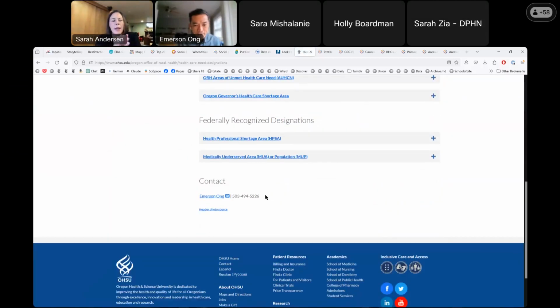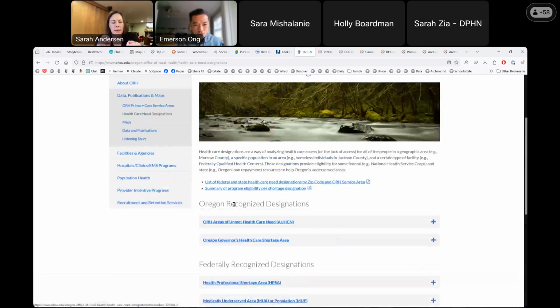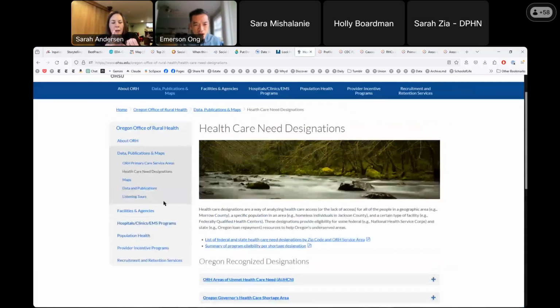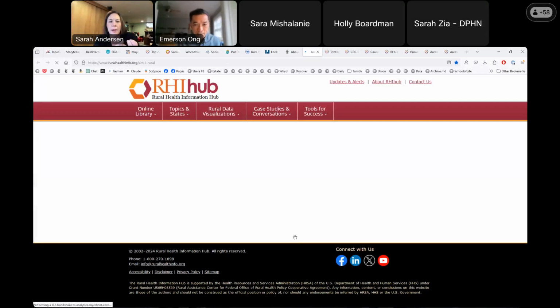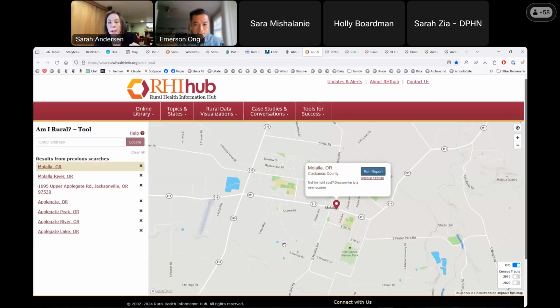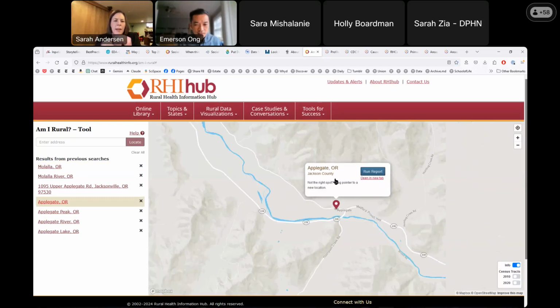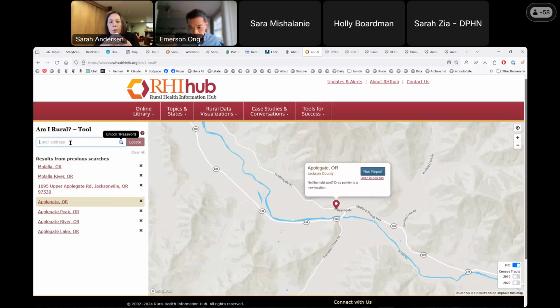For example, whether the area is eligible for FORP grants, which are grants from the Federal Office of Rural Health Policy, and whether that area is eligible for a rural health clinic. And then there are some other categories. If you could run that report and walk through it, because sometimes I even struggle myself in understanding what those pieces mean in reference to my own rurality.